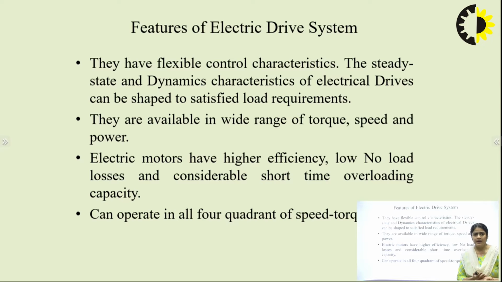To fulfill the speed torque characteristic requirement of the motor, we use the electric drive system, and with this system we also control the flow of power, so that we also save the energy of the whole system. So they have flexible control characteristics.